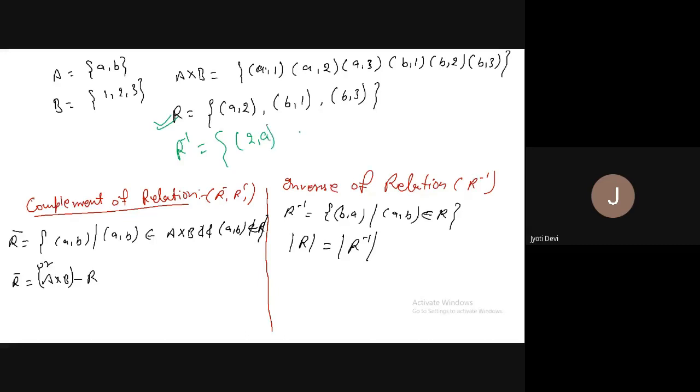Guys, please reply by unmuting yourself or typing in the chat box. Okay, (1, B) and (3, B). This is the result of R inverse.